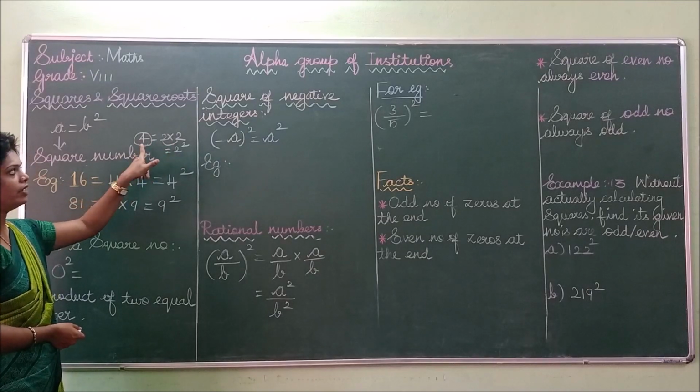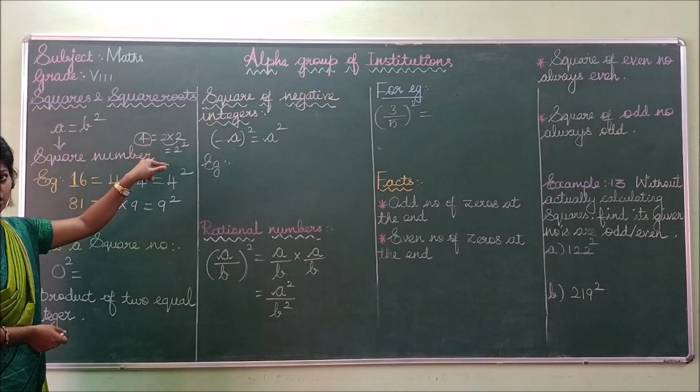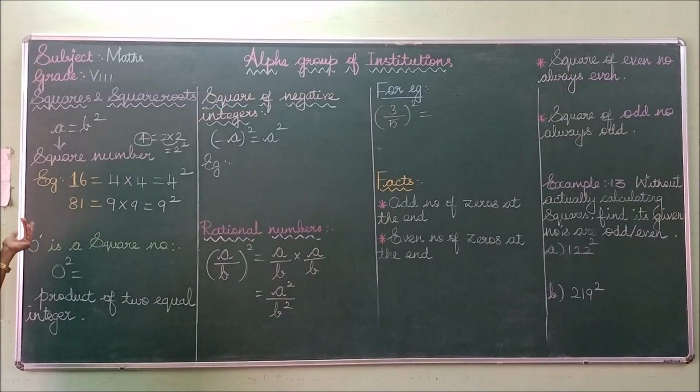So 2 into 2 gives 4. What about 2 into 3 or 2 into 4? No. It must be similar terms. If you take 2 you have to multiply it with 2 only, and if you take 3 you have to multiply it with 3 only. Then only we call it a perfect square or a square number.